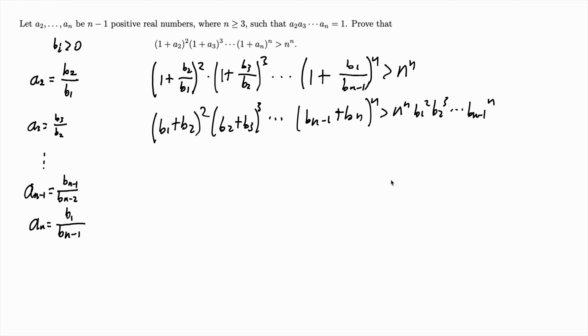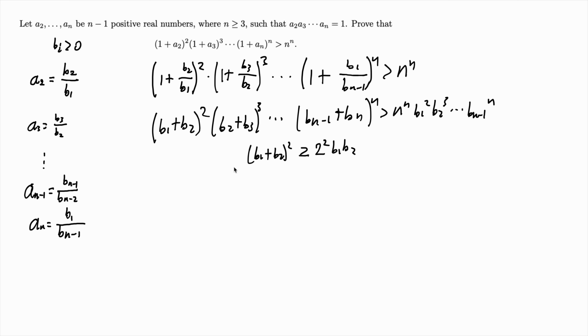Now here, let's use the AM-GM inequality. So b sub 1 plus b sub 2 is greater than or equal to 2 times the square root of b sub 1 b sub 2, but notice that we're going to square them. So rewriting, we have b sub 1 plus b sub 2 squared greater than or equal to 2 squared times b sub 1 b sub 2.